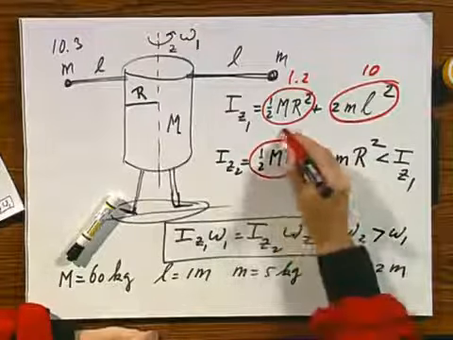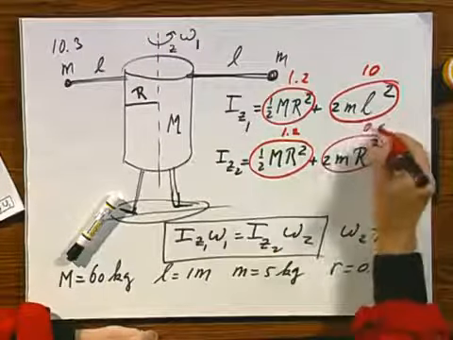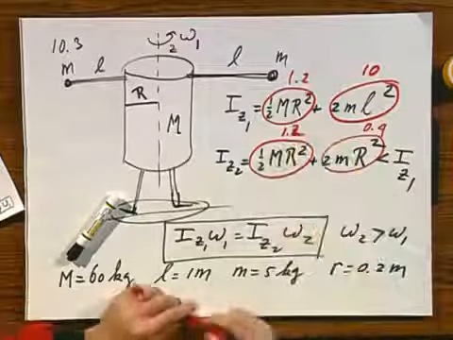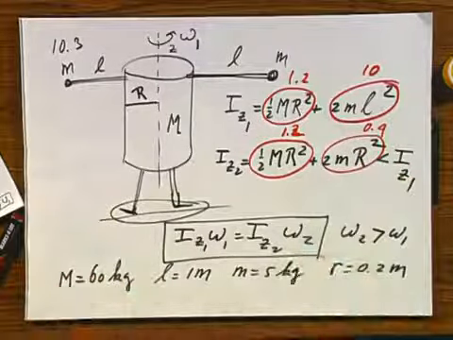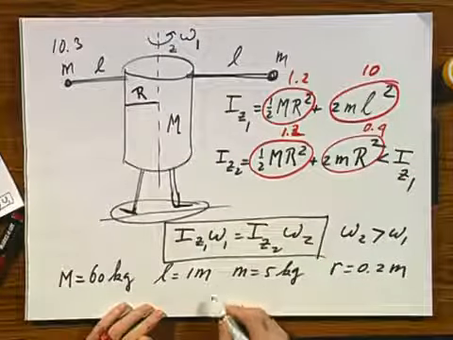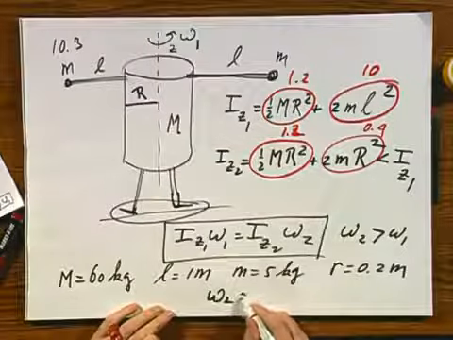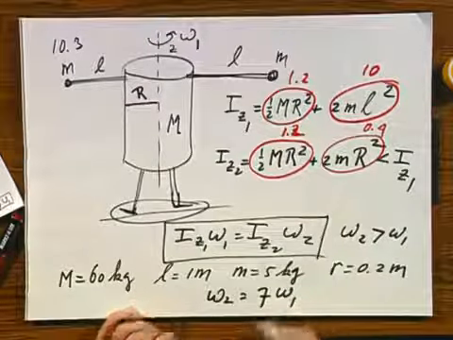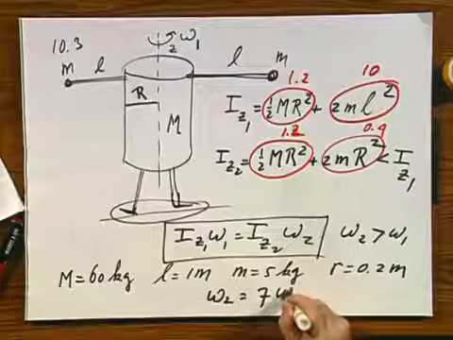And so in the new position, this again is 1.2, but in the new position, this is only 0.4. So the moment of inertia has enormously decreased. The moment of inertia has decreased by a factor of 7, and so omega 2, which is the omega after the person pulls her arms in, is about 7 times omega 1. So she rotates about 7 times faster, which is by no means trivial.